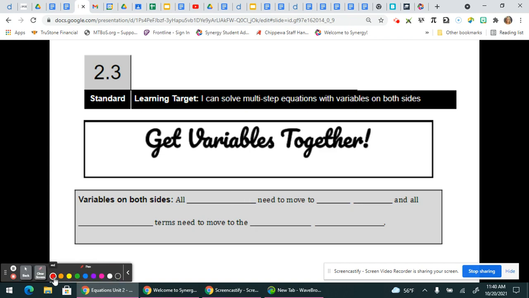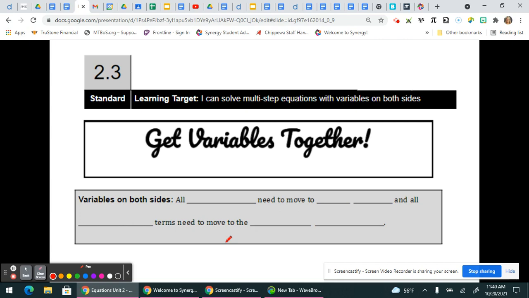So to begin with here, variables on both sides. It says all blank need to move to blank blank and all blank terms need to move to the blank blank. Well, we're going to have some examples where we find our equal sign with variables on each side of the equal sign. And as you can see, we're going to need to solve that.